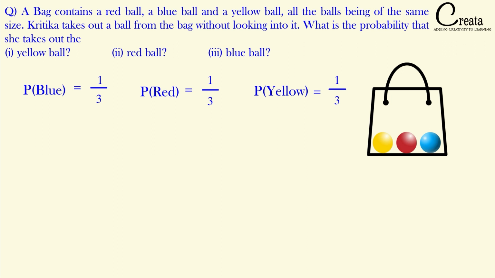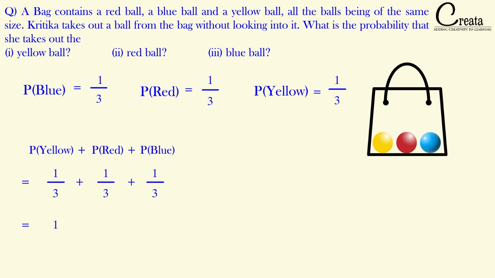So if we add the probability of yellow ball plus probability of red ball plus probability of blue ball, we get 1 by 3 plus 1 by 3 plus 1 by 3, it is 1. Okay, so we got our observation, that if we add the probabilities, it should be 1. That is 33.3% plus 33.3% plus 33.3%. It comes out to be 100%.